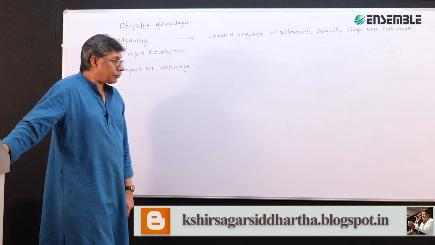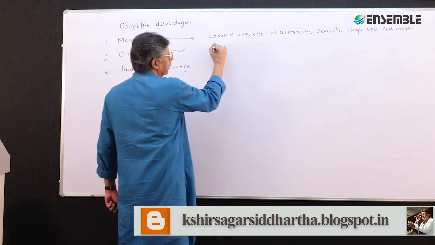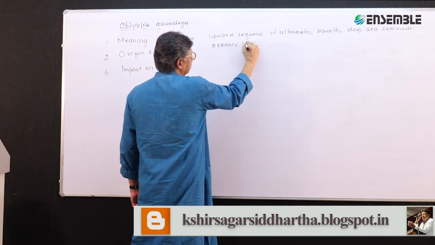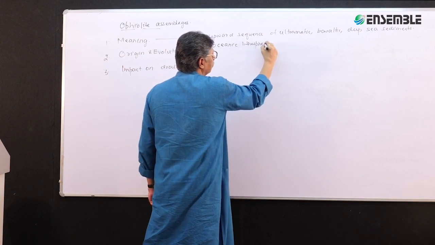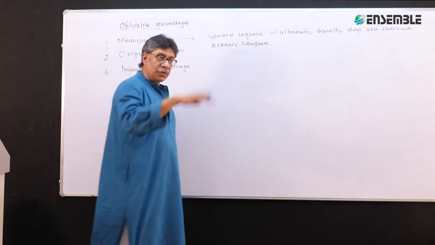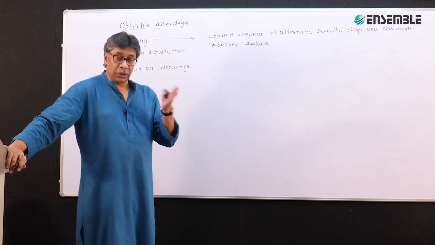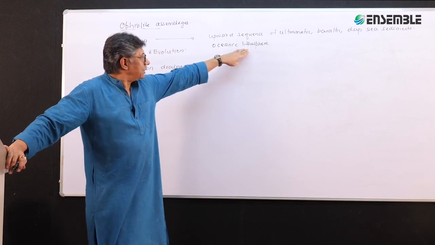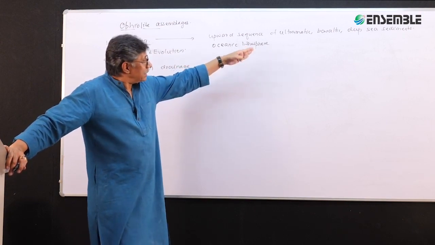Ophiolites represent the oceanic lithosphere, and oceanic lithosphere is typically made of basalt. The lowest layer of it is made of gabbro. So basalt and gabbro are the two rocks that form it.